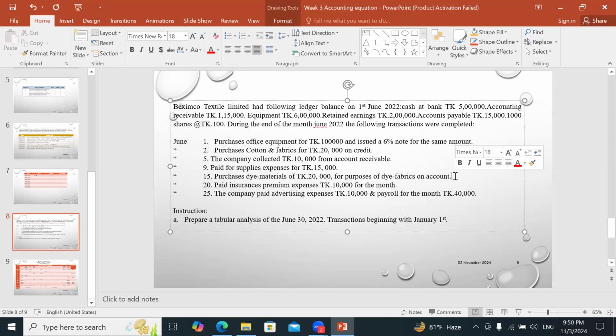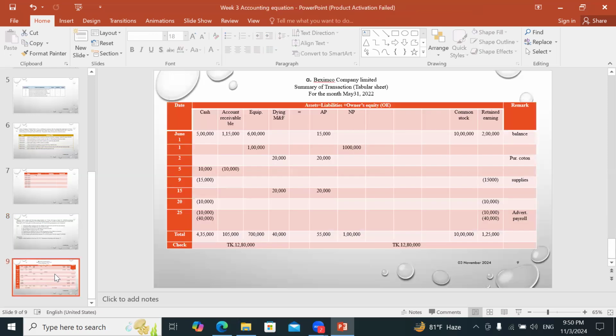So it is a payable. Account payable increases and asset increases. Both sides increase: asset 20,000 and account payable 20,000.